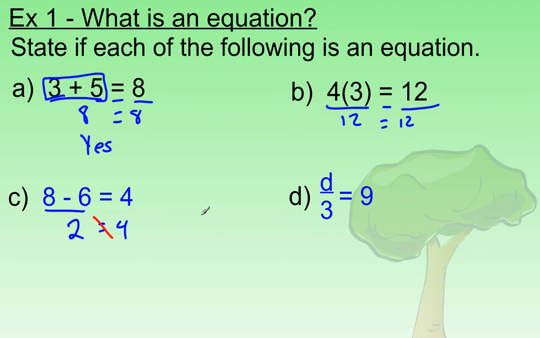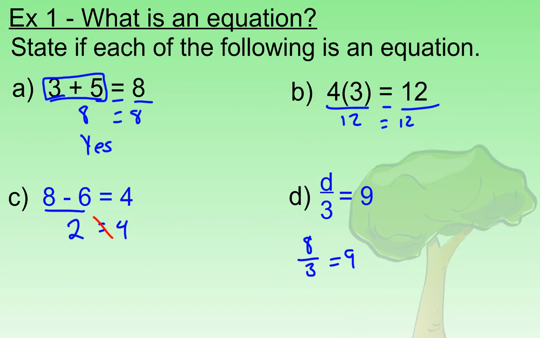Letter D. Now, we have here d divided by 3 equals 9. This by itself, well, it is an equation, but is it a true equation? Does this stuff equal that stuff? And the answer is, well, sometimes. If I make up some other number, say 8 for d, so 8 divided by 3 equals 9, is that true?